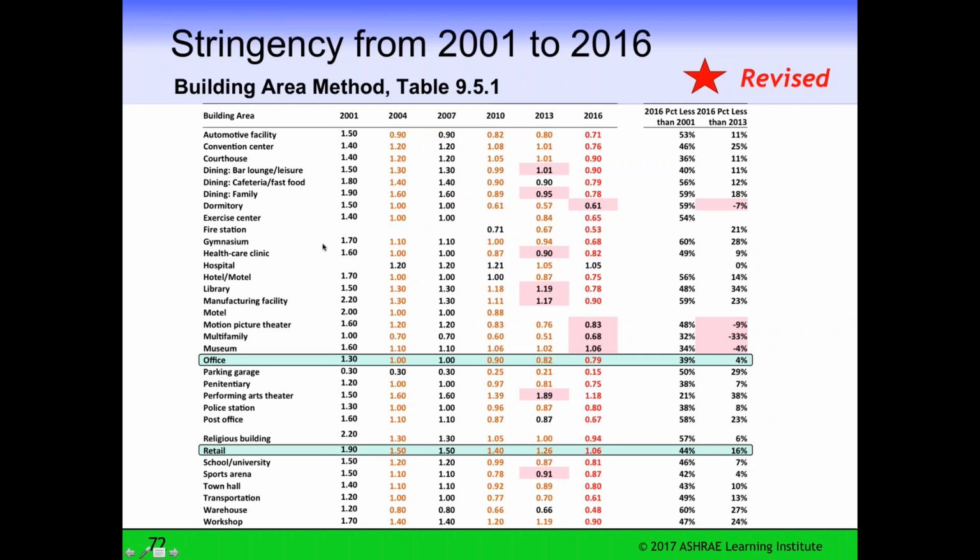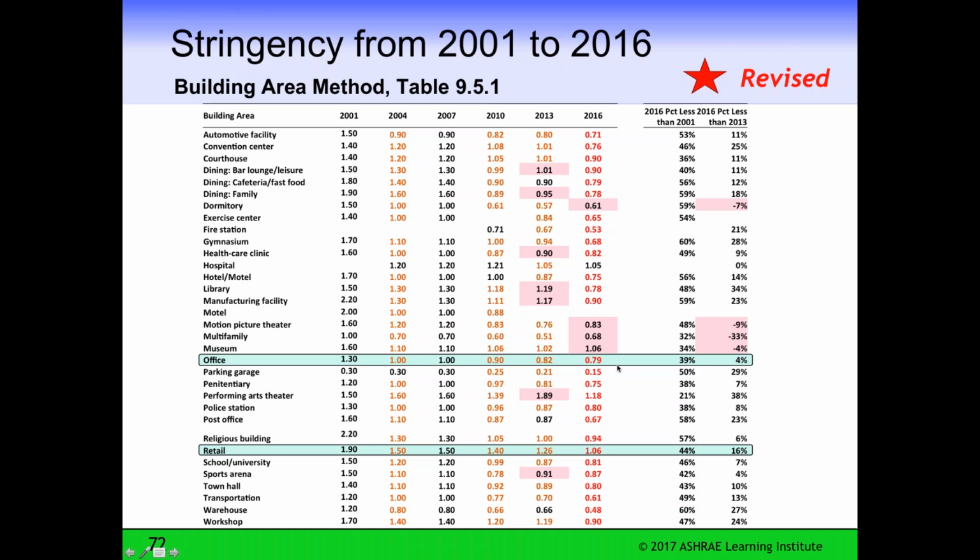And if we look historically, and we take these two space types, the office space type, in 2001, the allowance was 1.3 watts a square foot. 2004, it went to 1 watt. 2007, 1 watt. 2010, 0.9 watts. 2013, 0.82 watts, and in 2016, 0.79 watts.